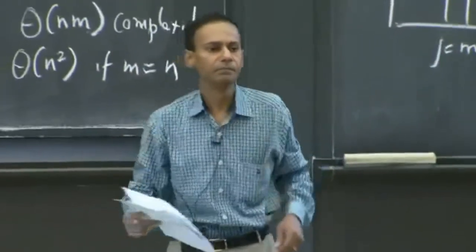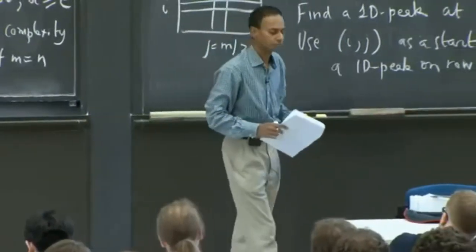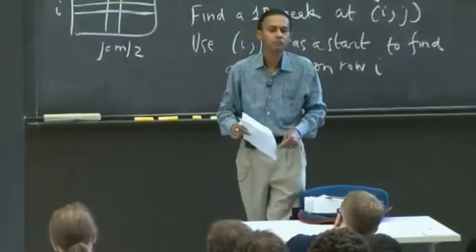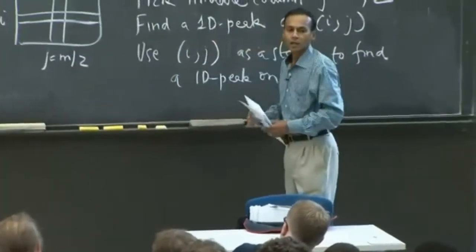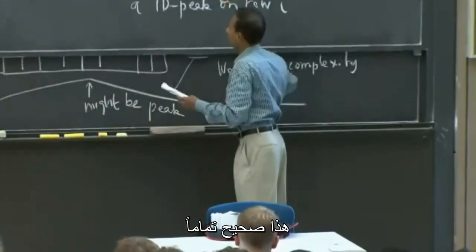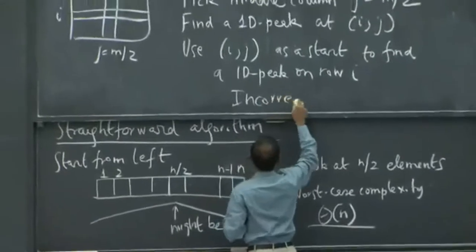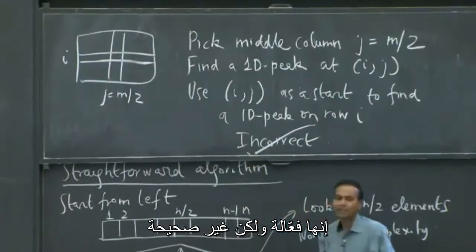Because when you do the second part to find the peak in row i, you might not have a column peak, and it might not be a peak on the column anymore. That's exactly correct. So this algorithm is incorrect. It doesn't work. It's efficient but incorrect.